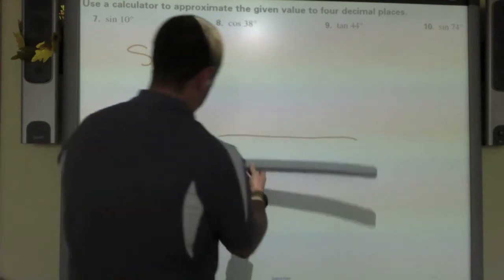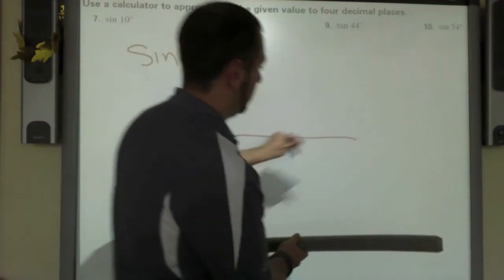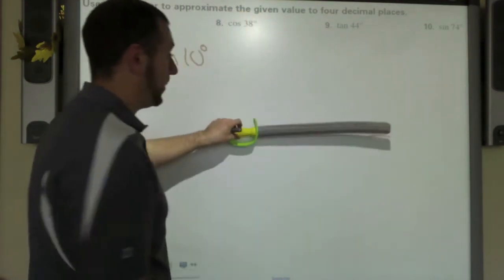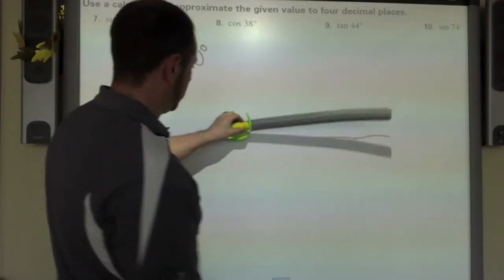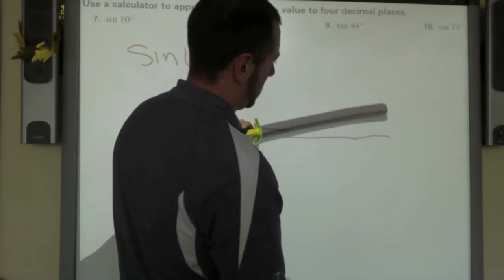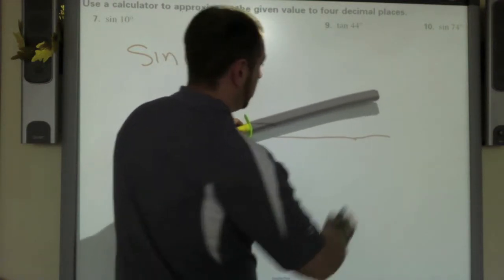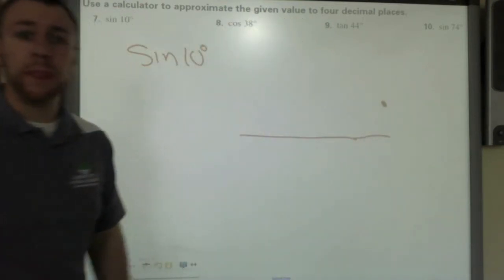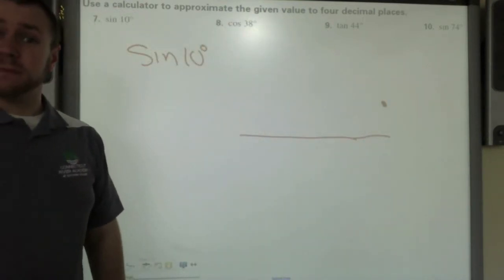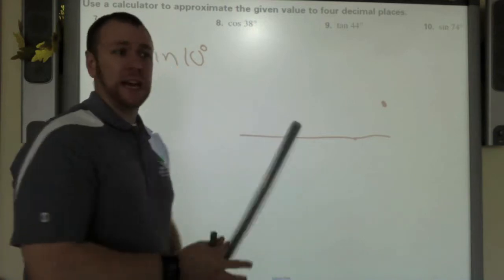So what I'm going to do is I'm going to draw my radius. Boom. Make it a little long. Now I'm going to rotate it about 10 degrees. Okay, I think 10 degrees is right about there. I'm going to make a point. Okay. Now, I'm asking for the sine.